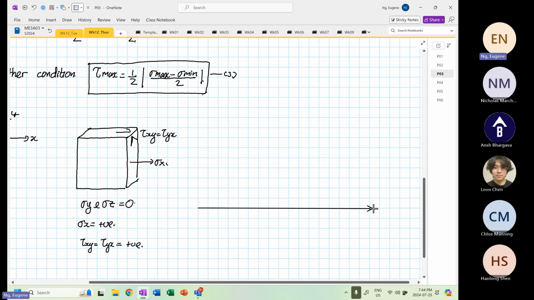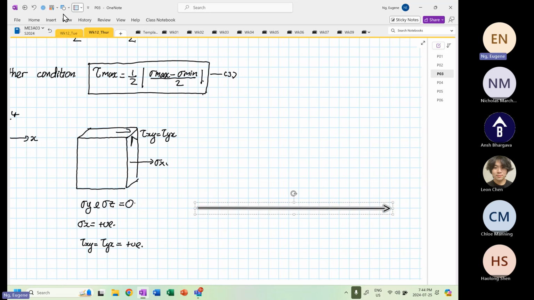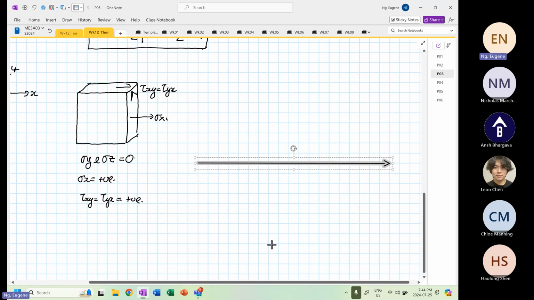So now we have a zero stress on the normal stress axis, and I have to do something with the negative side now, so I'm going to leave more space for the negative aspect.